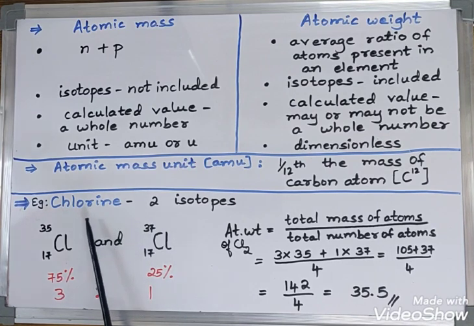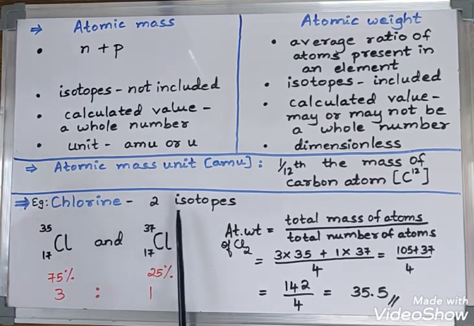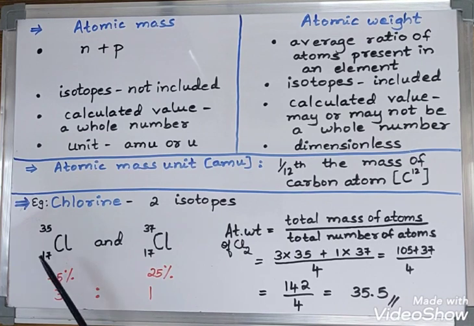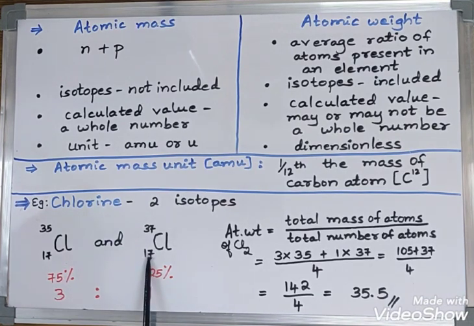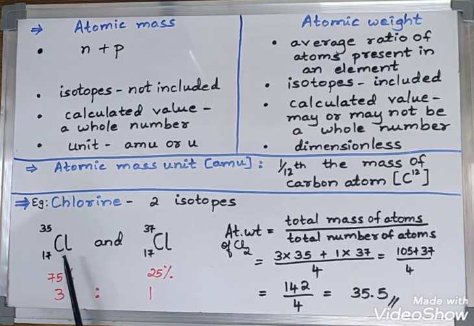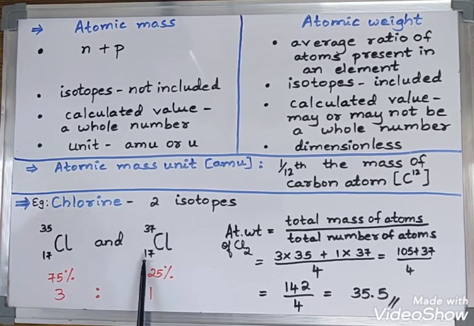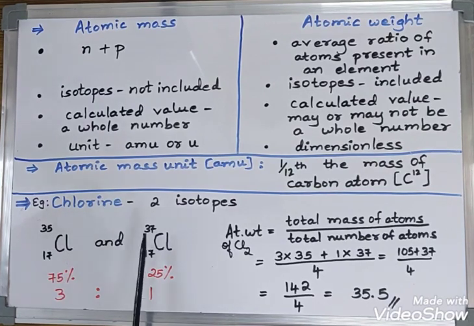We will take the example of chlorine. Chlorine has two isotopes. One is chlorine 35, the other is chlorine 37. We know isotopes have the same atomic number but different mass number. So here we have 17, which is the atomic number, the same in both the isotopes, but the mass number varies.